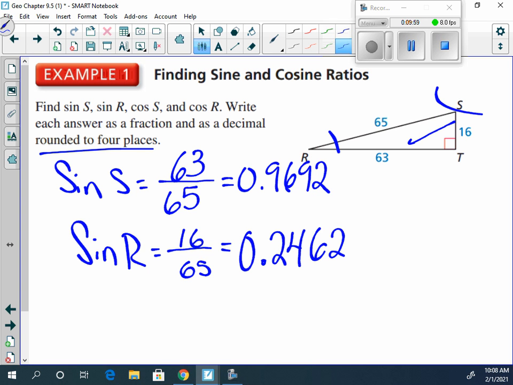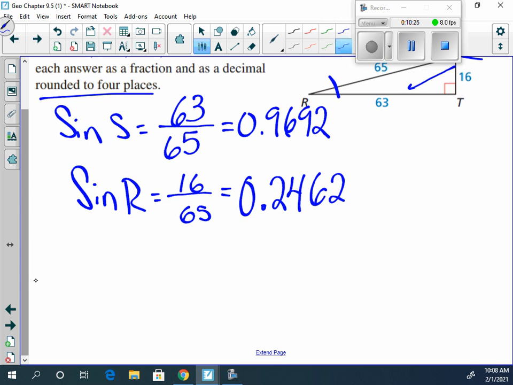So that means if we're able to get a number greater than 1, it means the opposite side would have to be greater than the hypotenuse, which won't happen because the hypotenuse is always the longest side. It'll always be the biggest number. So that means the bottom of this fraction is always going to be bigger than the numerator for sine and cosine. Okay, well, I ran out of room.